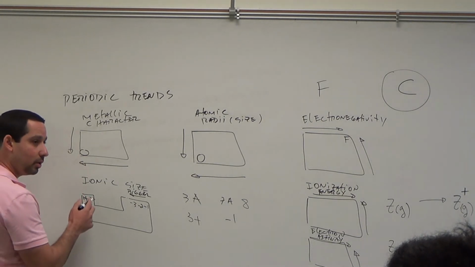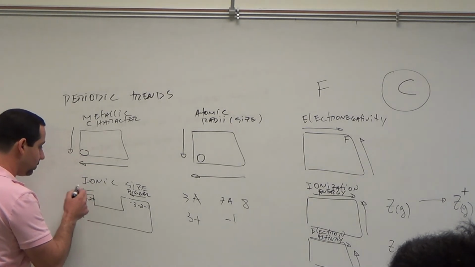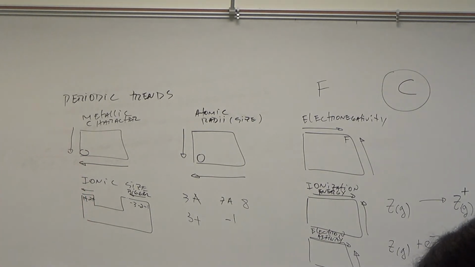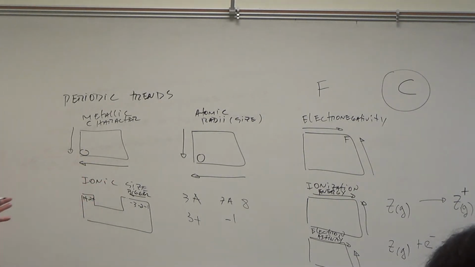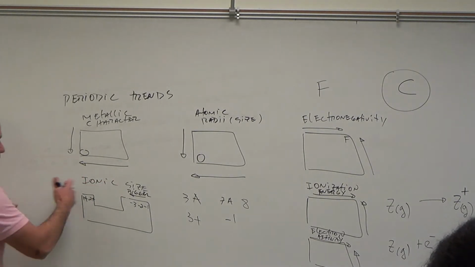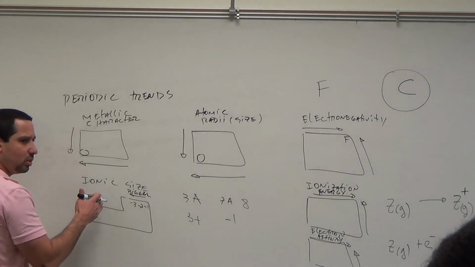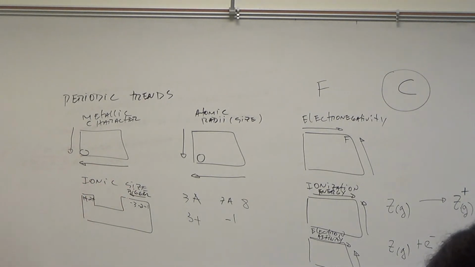So what do I say? Still going that way. That way is smaller or bigger? Smaller. Now let's do the arrow. This way is smaller or bigger? Which way? To the left? Left or right?